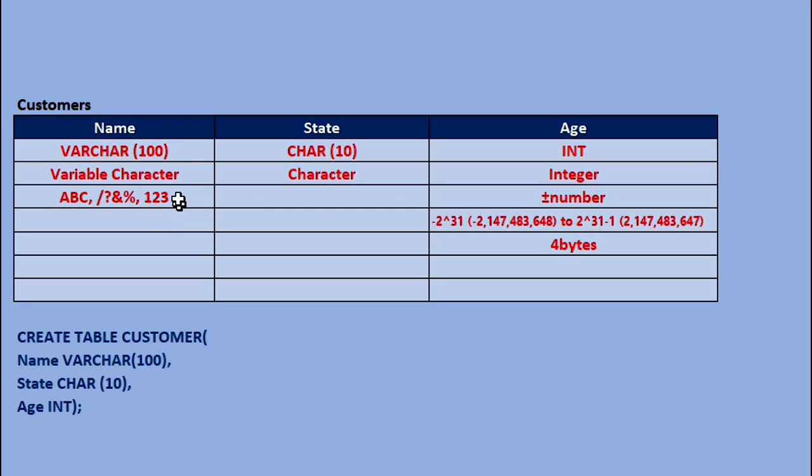Or it can be a number like 1, 2, 3, and etc. A char is also a character, which means char and varchar are the same so far. Now, a question that might have come to your mind is that if we can use numbers on varchar and char data types, why do we even need a data type like int? This is a valid question.